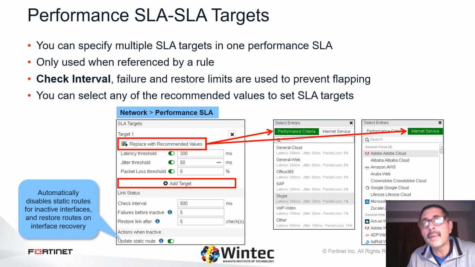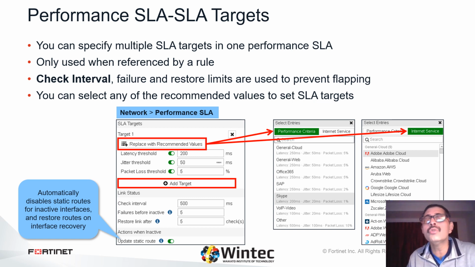You can create multiple SLA targets per performance SLA, although there are few scenarios in which you would want to do that. For example, you are located in a branch office and use a few different applications that run on the same server at headquarters. You could create one performance SLA that will perform the health check on that server, but then have different SLA targets for different applications.